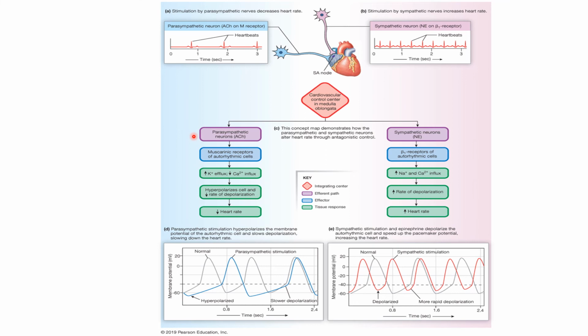Acetylcholine activates receptors known as muscarinic cholinergic receptors, and those receptors are going to influence the flow of potassium and calcium. And so acetylcholine is actually going to affect the action potentials taking place in your autorhythmic cells.